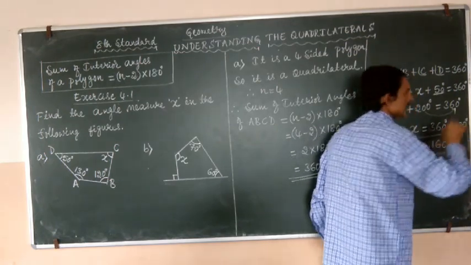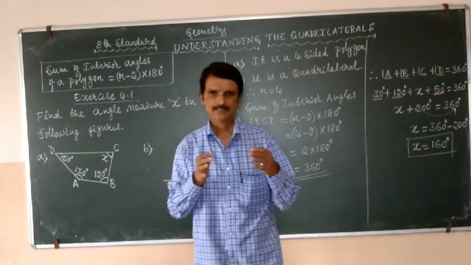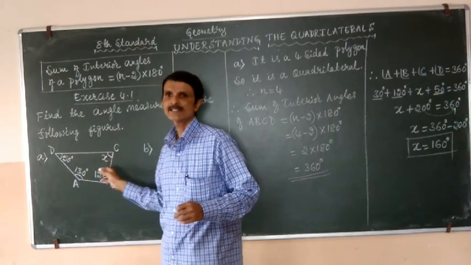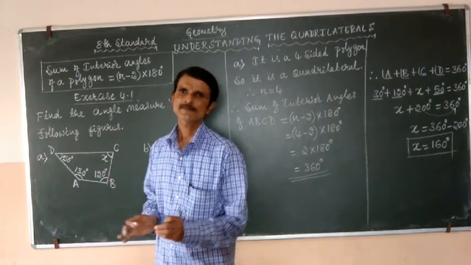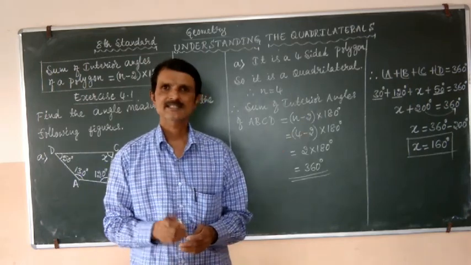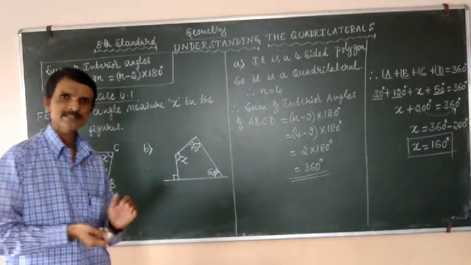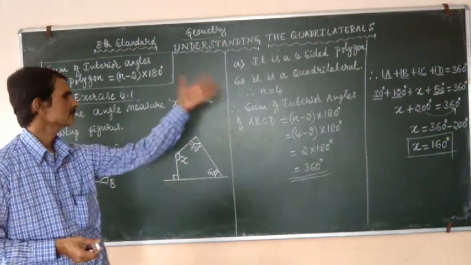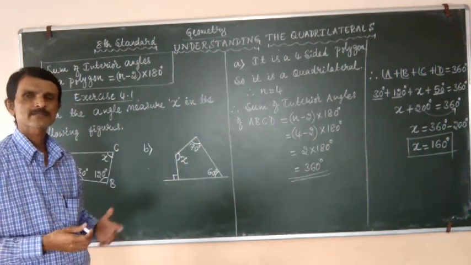Therefore, the value of x, that means the value of angle C in the given first figure, is 160 degrees. So I think you have understood how to simplify the problem.